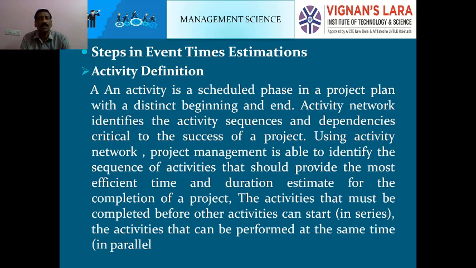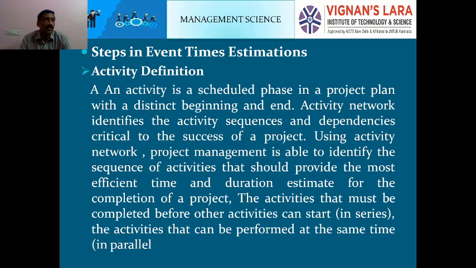The first step is activity definition. How many activities are involved in the network diagram with the connection of two events? Yes, there are two events which are connected by an activity.